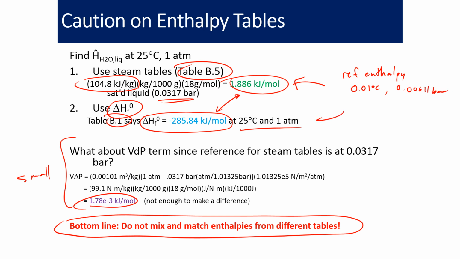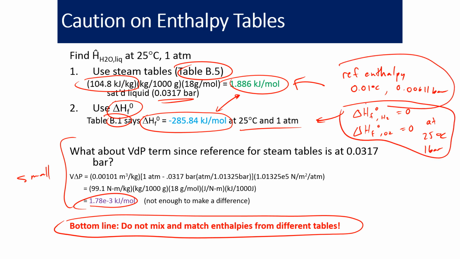But the reference enthalpy for heat of formation, for example delta H of formation of hydrogen or of oxygen, is equal to 0 at 25 degrees Celsius and 1 bar. So they are different reference enthalpies, and enthalpies are generally described as deltas anyway. So just be careful on that. Don't mix values from different tables.